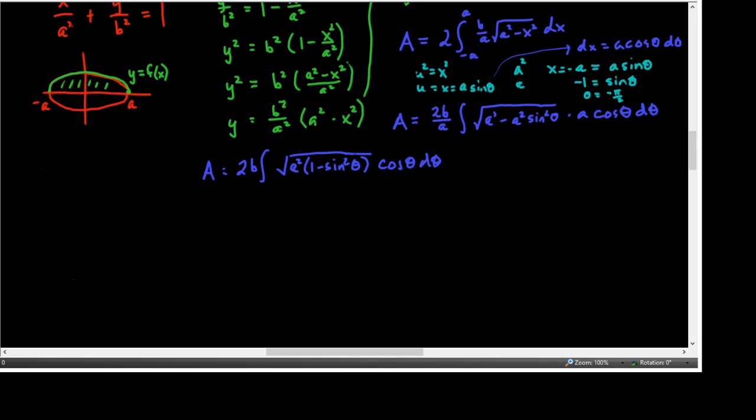And for the other one, where x is a, which is a sine theta, which means 1 will equal sine of theta. That occurs when theta is pi over 2. So that means that my bounds are going to be from negative pi over 2 to pi over 2.